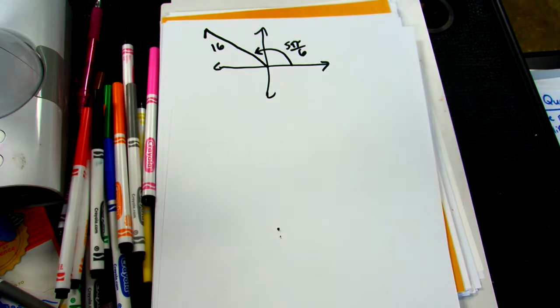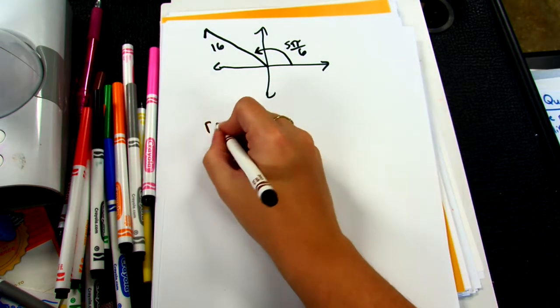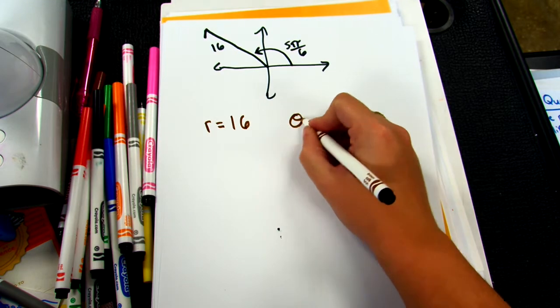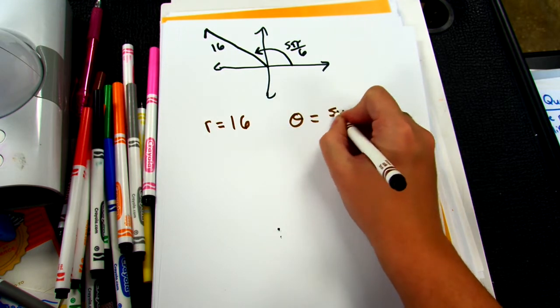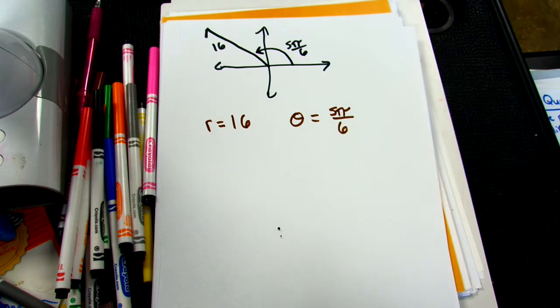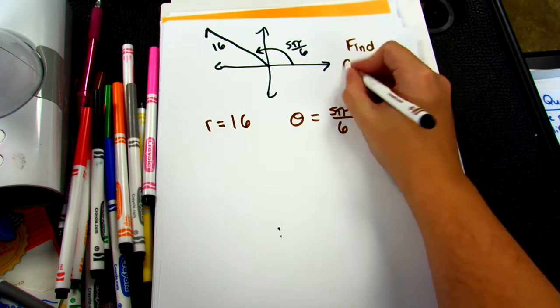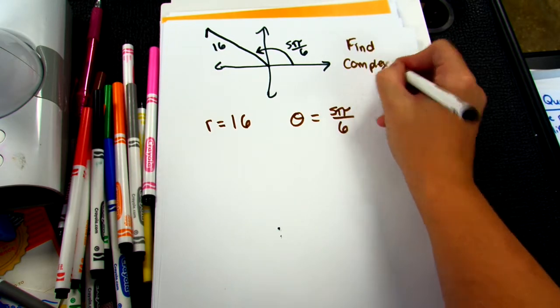Okay, so again, that's super important to know, right? So we know that its modulus is 16, and we know that its argument is 5 pi over 6, okay? But we need to find the complex number.